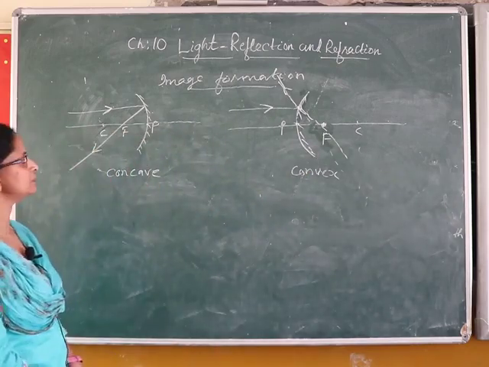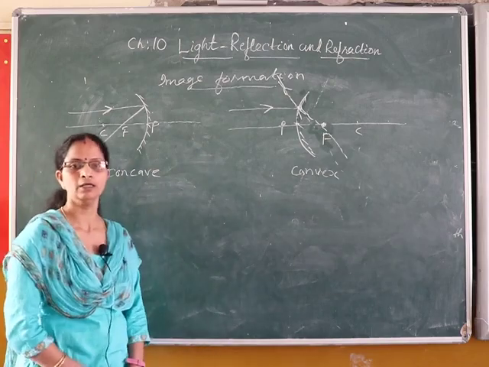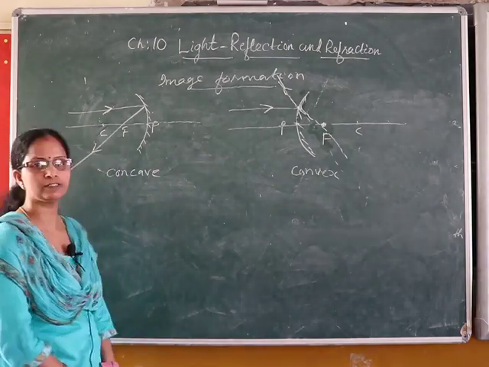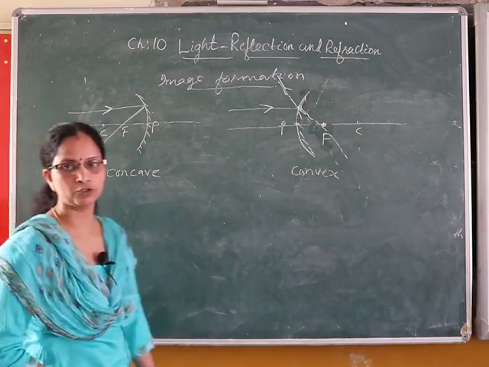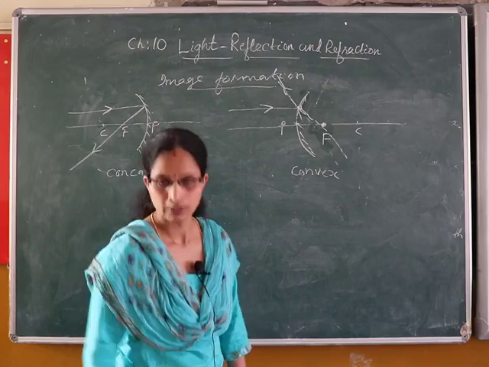That means the ray which is coming parallel to the principal axis, after reflection passes through the principal focus. This is the first ray that we can take to construct a ray diagram.